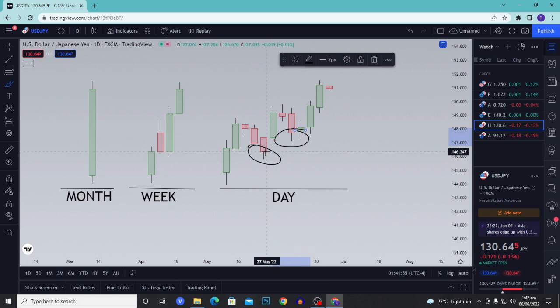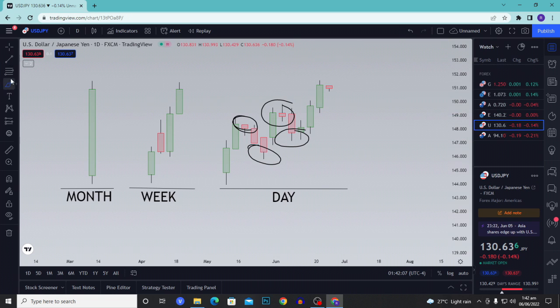So we enter them on these highs up here before the retracement to catch the move downwards.